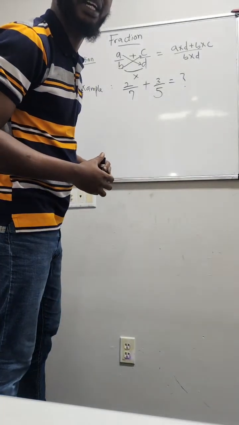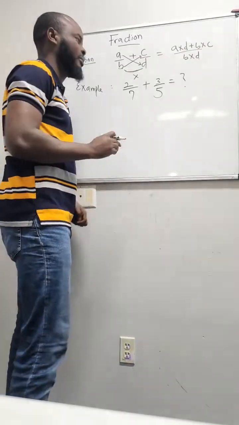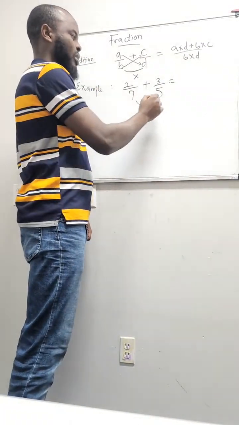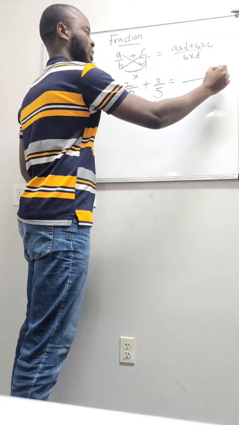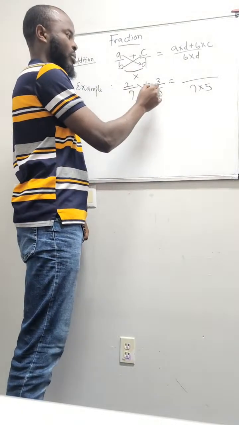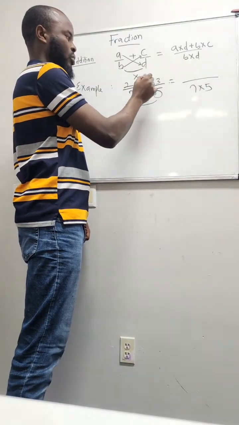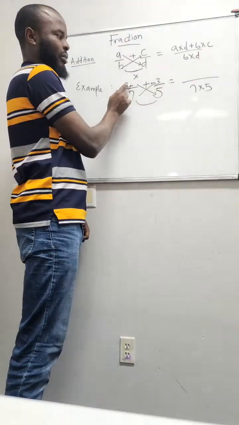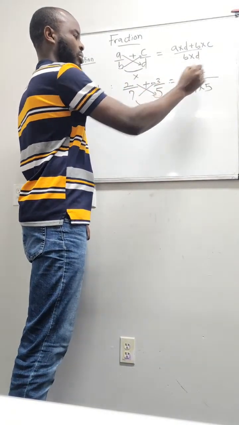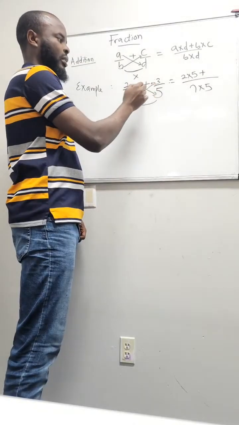31 over 35. Good. Let's try. Now, let's see. Rule says multiply this together, which is 7 times 5. And you cross multiply 2 multiplying 5, 2 times 5, plus 3 times 7.